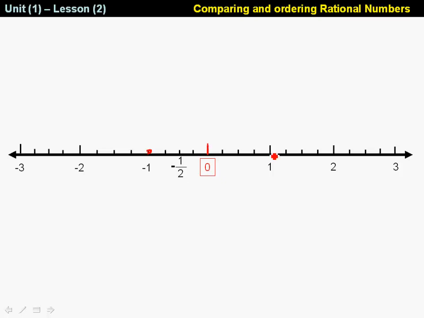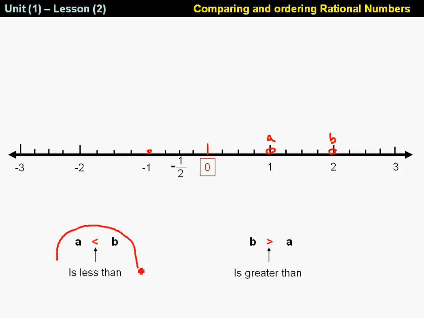If we choose 2 points, point here and point here, and call this point A and this point B, this point is at the left side of that one, so this point is less than that one. So A is less than B, and B is greater than A.